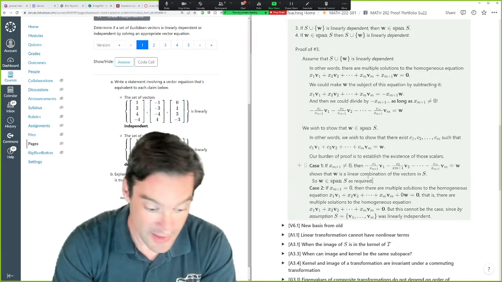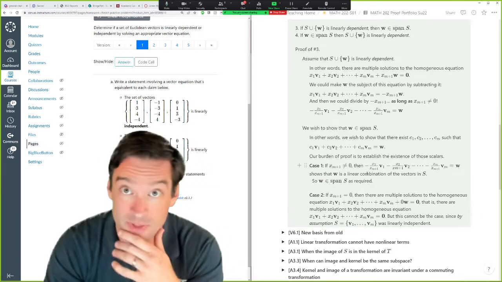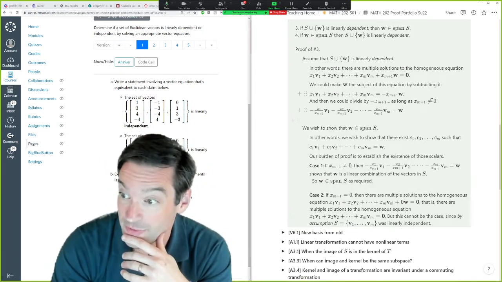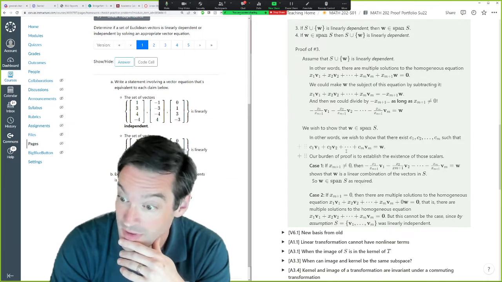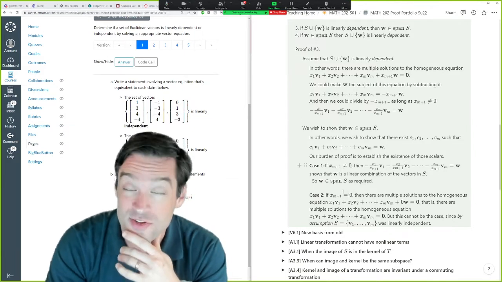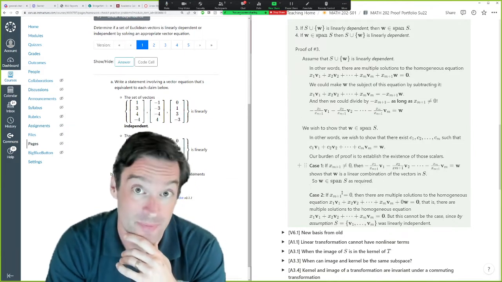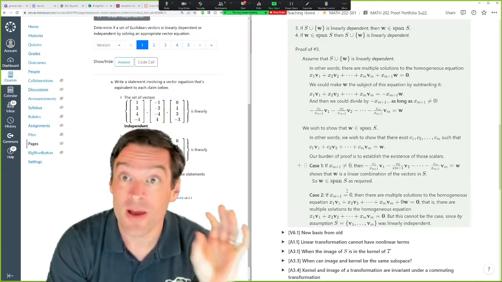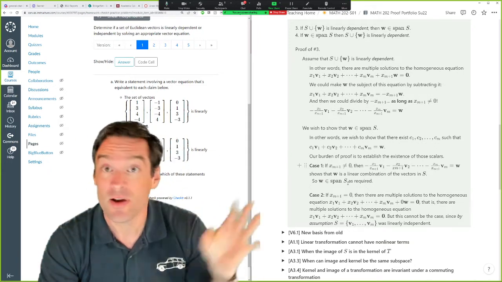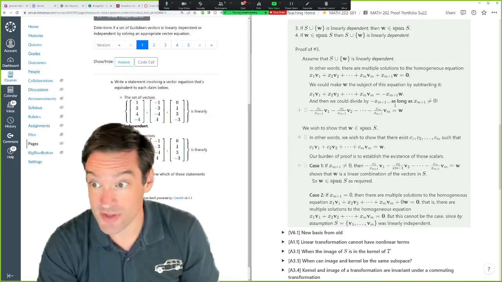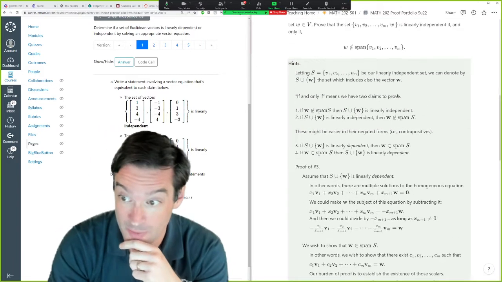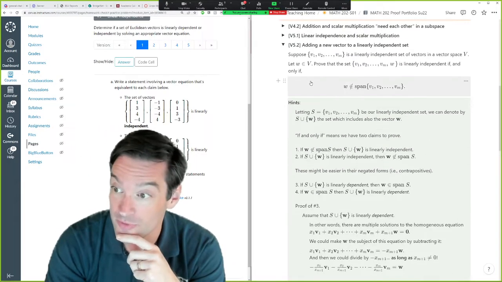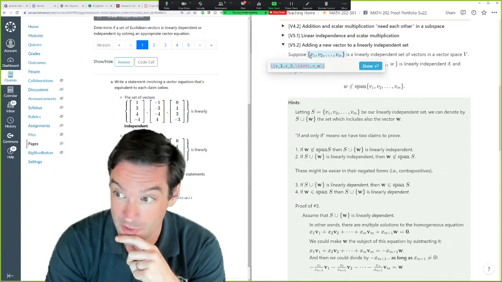Right. So in case number 2, in the bad case, where we would not have been able to divide by this coefficient, we rule out the bad case here. It can't possibly happen, because in order for that bad case to happen, my original set of vectors, my S, would have to have been linearly dependent. But we start the proof by assuming that it was linearly independent. That was part of the premise of the statement, right? Suppose that this is a linearly independent set of vectors.